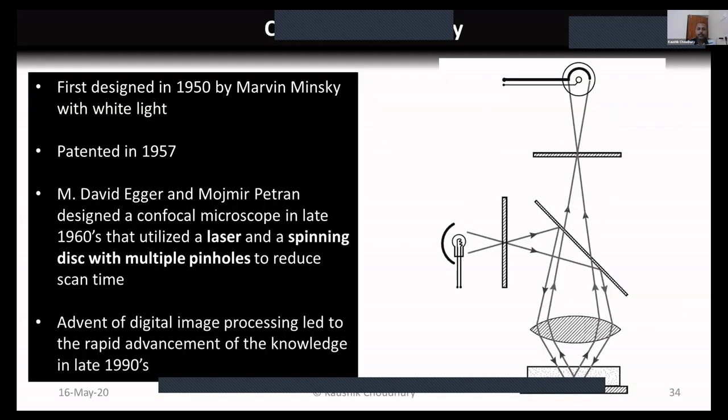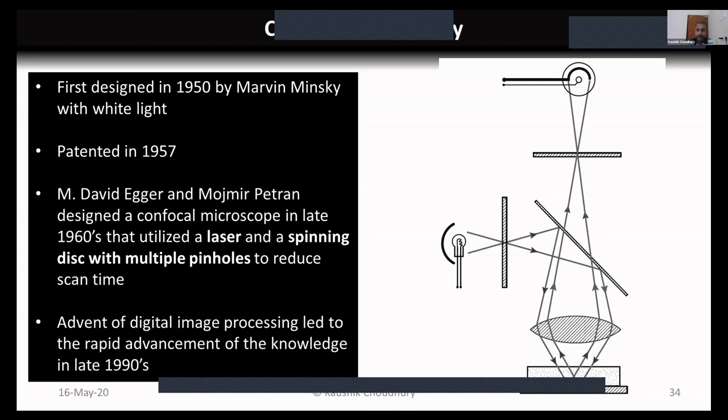and discovering new materials. It was first designed in 1950 by Marvin Minsky, and this was the first design of the confocal microscope. Amazingly, this was discovered in 1950, but it did not find much use till the 1960s or even the late 70s. The reason was that at that time there was no laser, so these experiments were performed using a discharge lamp.